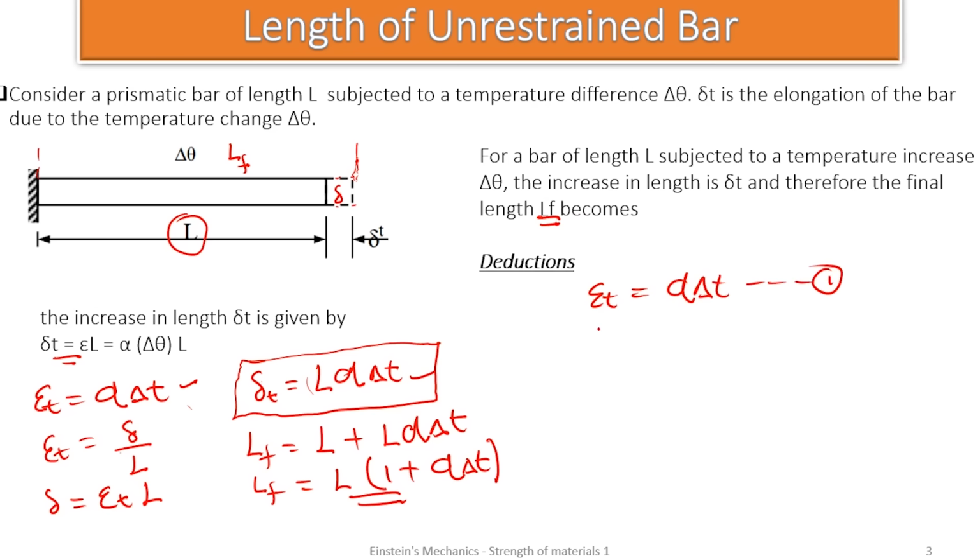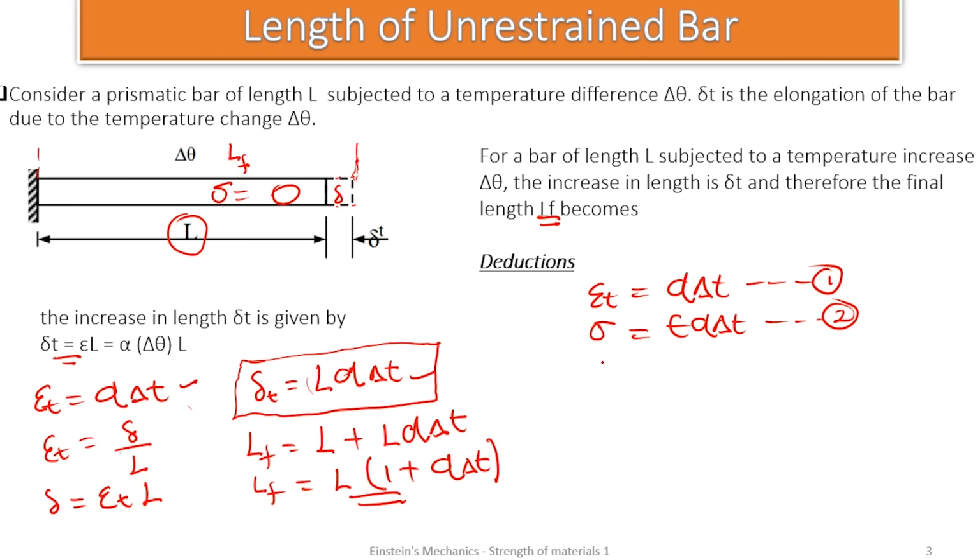We know that when the motion or the elongation is restricted, we are going to have a stress, which is dependent on the temperature. This is equation 2. But remember, anytime the bar is allowed to elongate without restriction, the stress induced is 0.